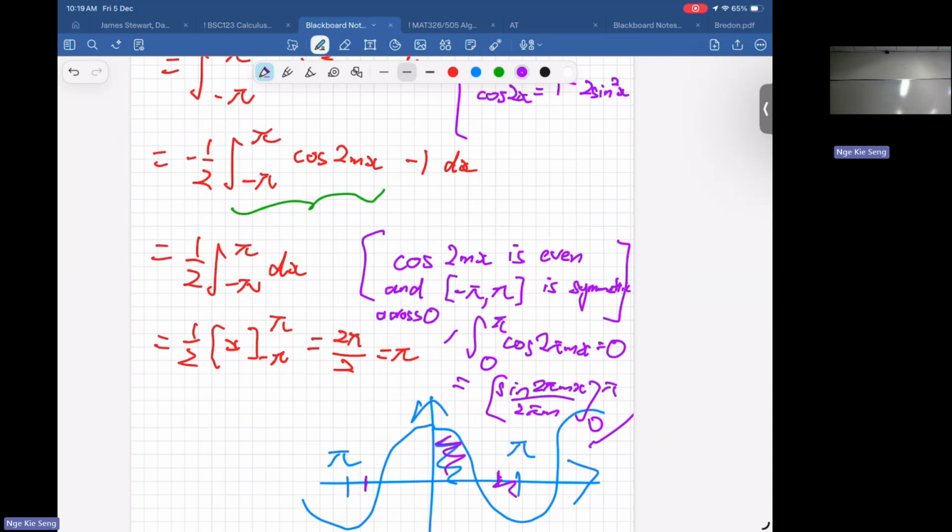Again, we are evaluating at a multiple of pi, so that's why it's 0. So they cancel out. It's not because of even that they cancel out. It's because if it is even, you can split to 0 to pi, and then if you look at the integral from 0 to pi, it is 2.